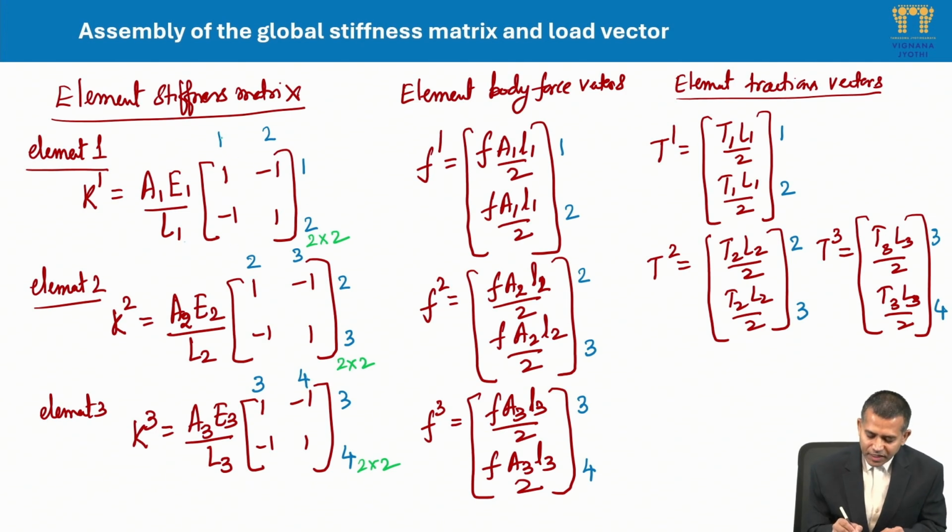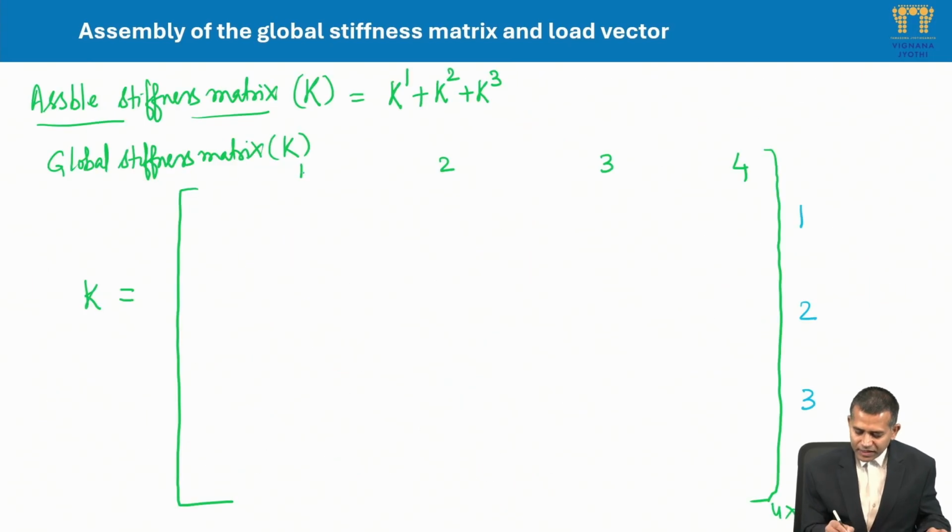So that means for element 1, the first entry is A1, E1 by L1. If I go to my size, here it is 1, its corresponding column and row, so here I have to write the value, that is A1, E1 by L1.